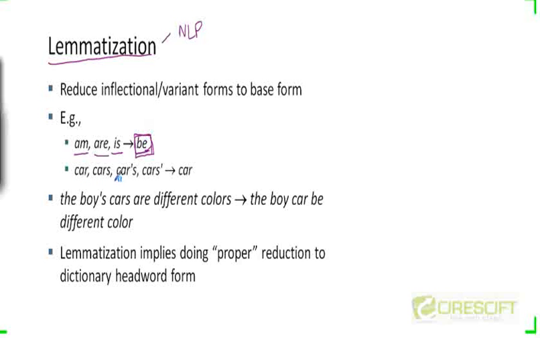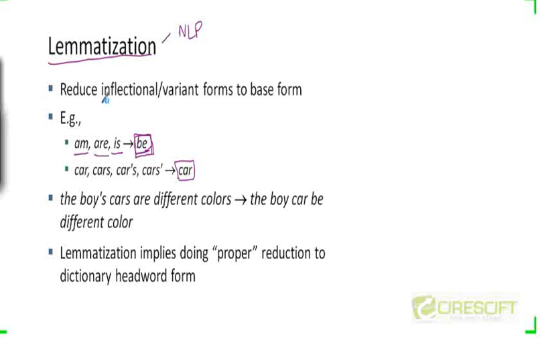So car, cars, car's, cars' all of these would get mapped to the word car, because car is the root form of this noun and be is the root form of this verb. So all the derived forms will get mapped to the same equivalence class, or to the same term, which is the root form.